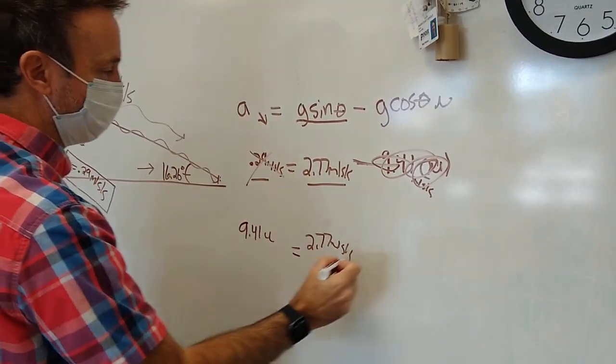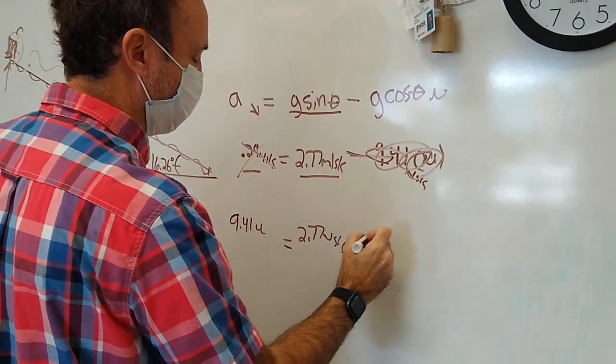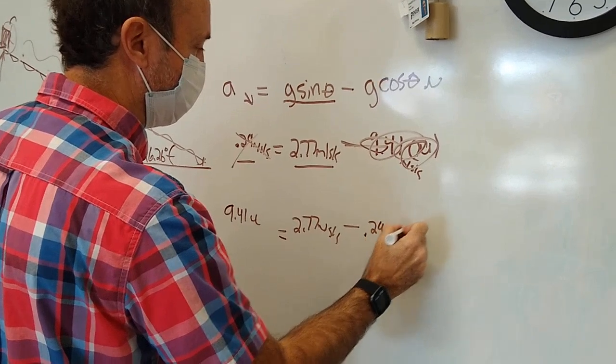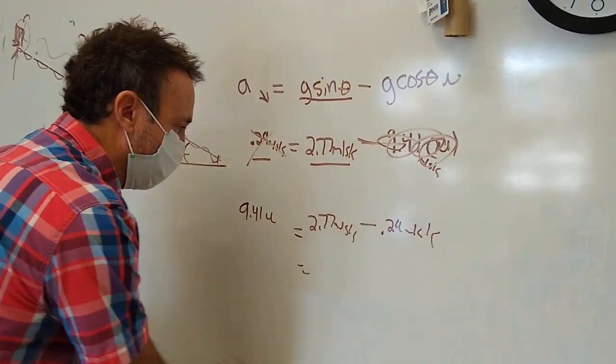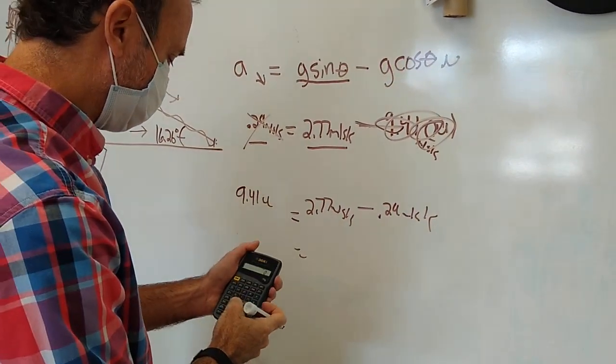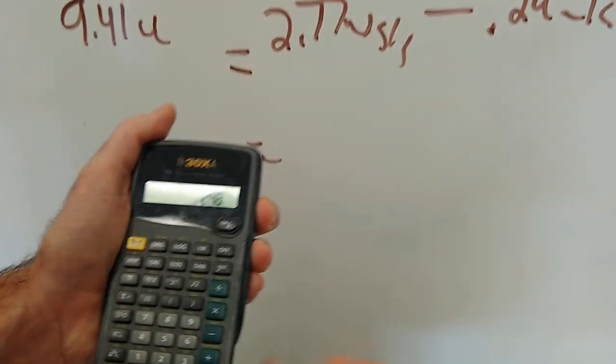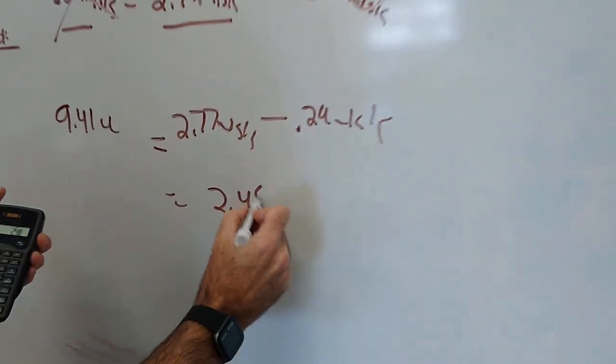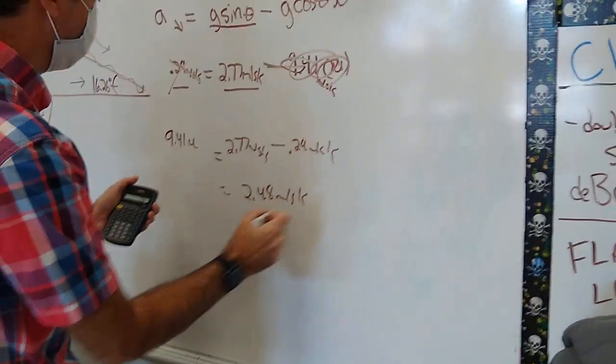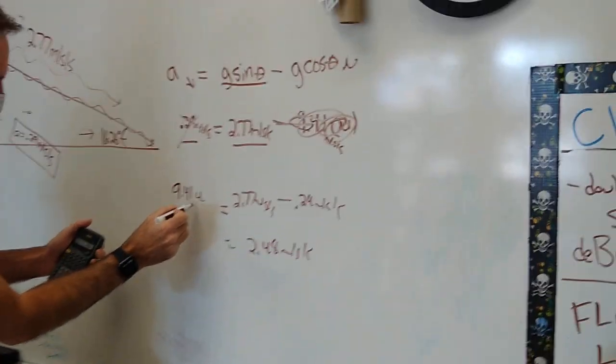I'm going to take the 0.29 and say minus 0.29 meters per second squared, all right? So 2.77 minus 0.29 equals 2.48 meters per second squared. Now we have to get the mu by itself.